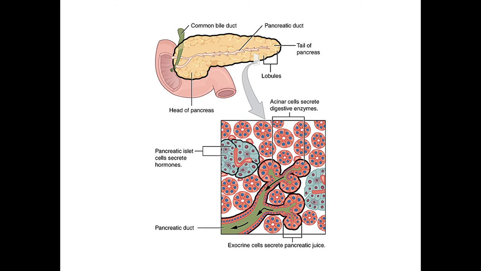So take note, in the microscopic appearance, there are two types of glands that can be seen. We have the serous glands and we have the mucous glands. So the serous glands have pinkish cytoplasm, and the mucous glands have blue cytoplasm.